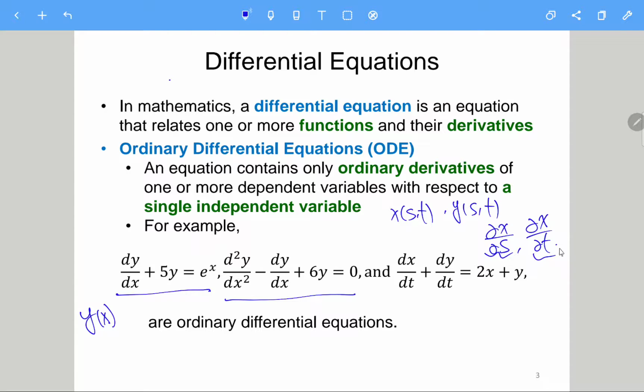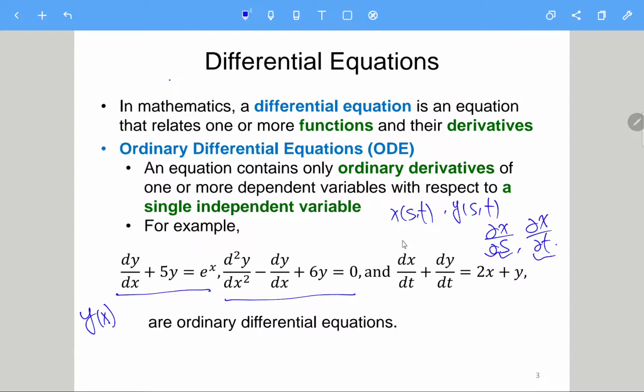So this is called the partial derivative rather than the ordinary derivative. So this d is the ordinary derivative, and this is the partial sign. So ordinary differential equation means, for example, this x is a function of t and this y is also a function of t. So we have a full derivative of x with respect to t, and also a full derivative of y with respect to t.